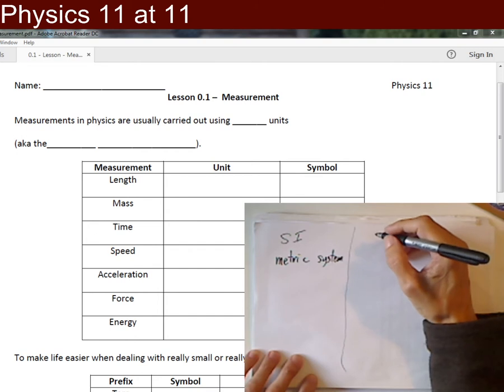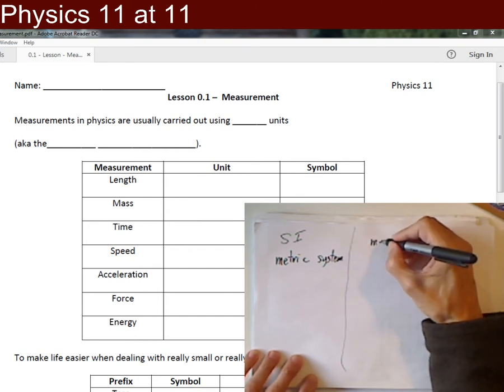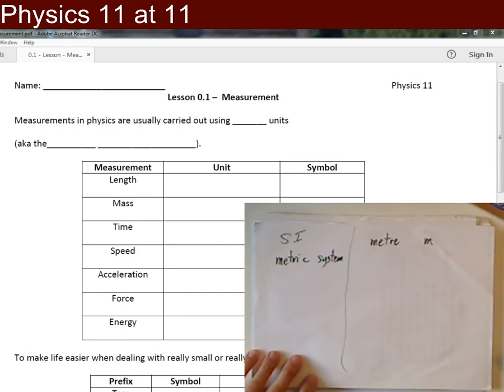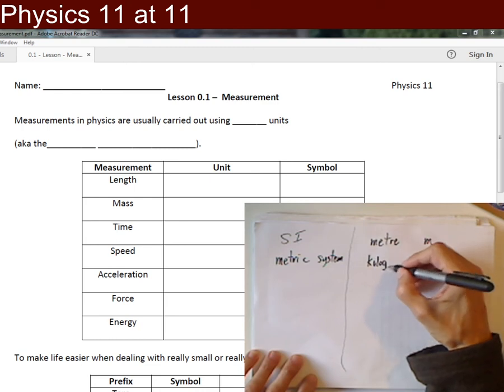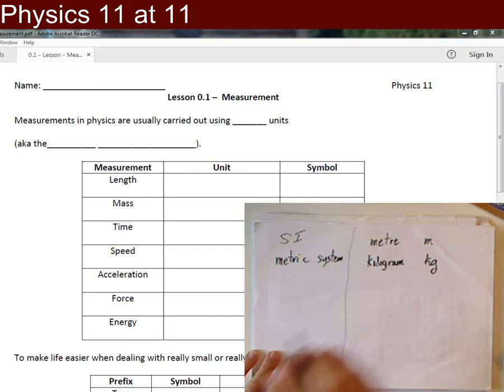Okay, so for the measurement of length, the basic unit is the meter. And the symbol for that is m. For mass, the basic unit is kilogram. And the symbol for that, of course, is kg.